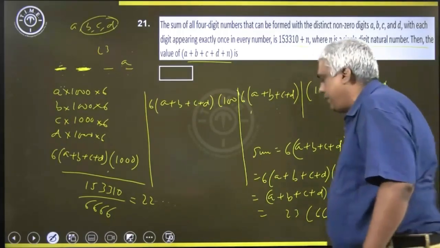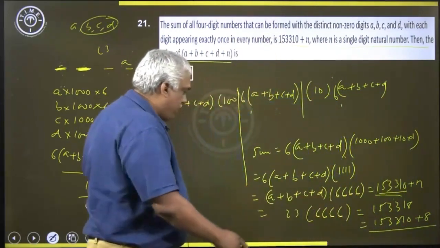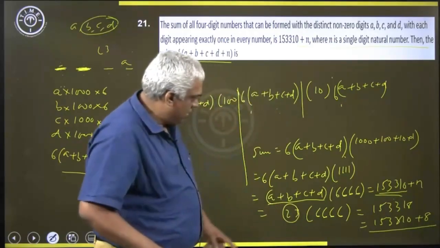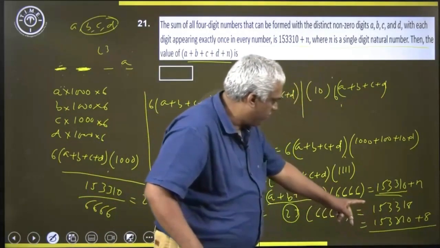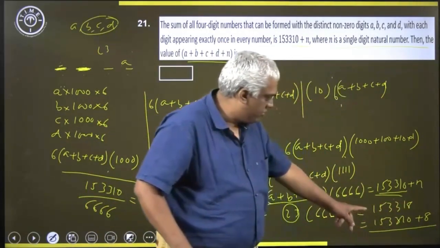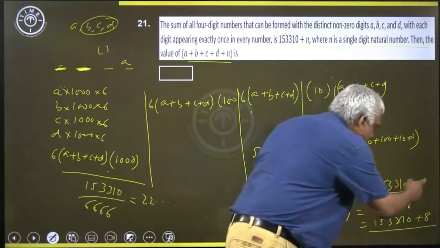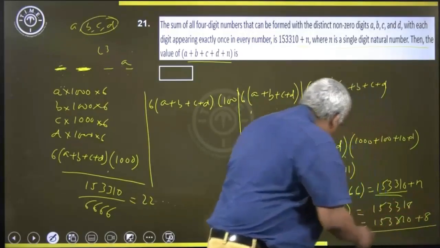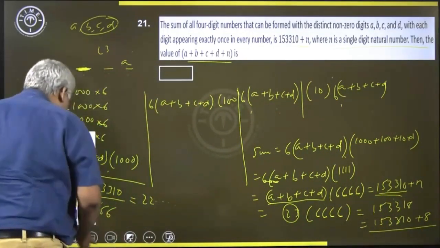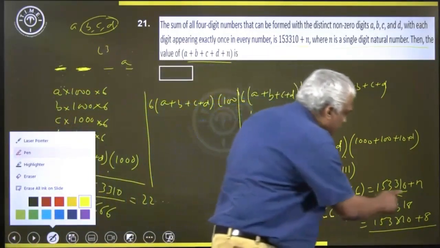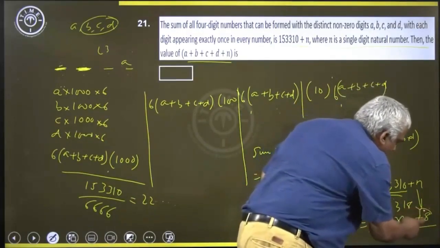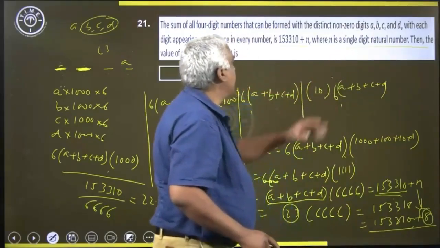This will satisfy, right? So if A plus B plus C plus D is 23, then this is 153318, which is 153310 plus 8, where n is 8. And it's given that n is a single digit natural number, right?